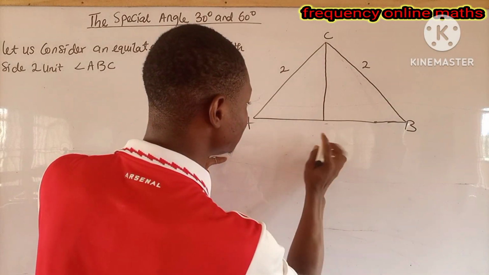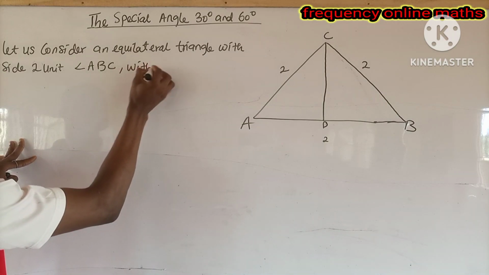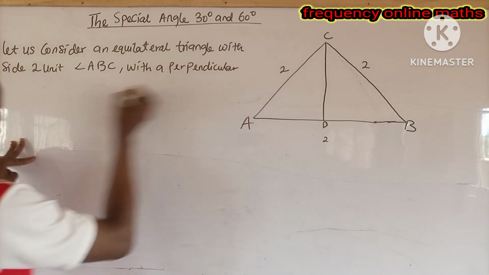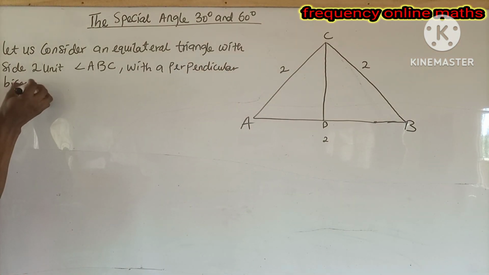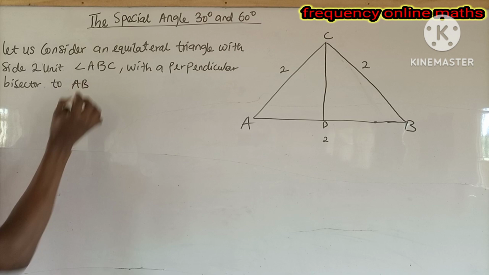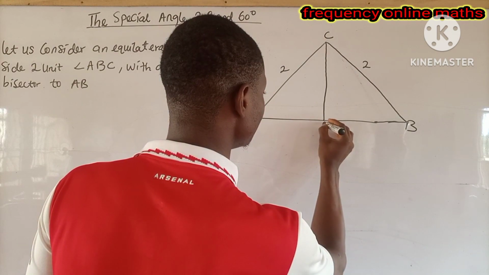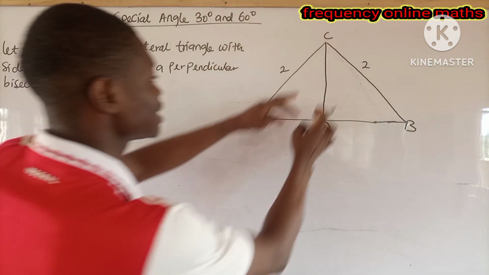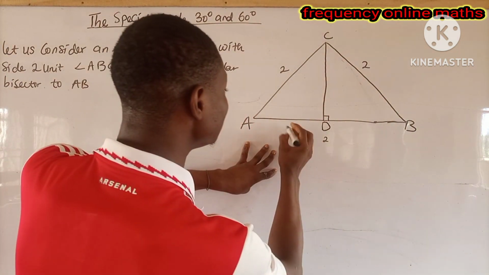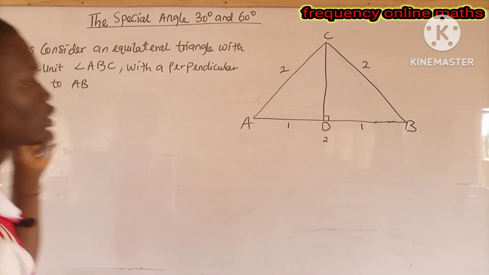We can call this place D. Having this perpendicular bisector to AB, we are going to have a right angle triangle. This place will be 1, this place will be 1, and the whole of this place is 2.